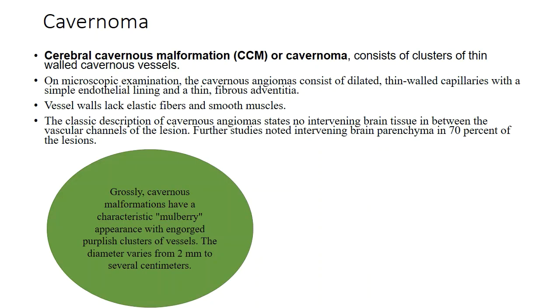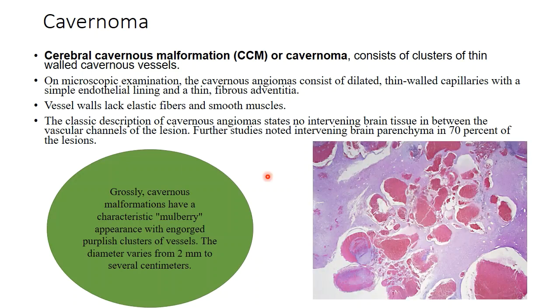Now coming to a cavernoma, or a cerebral cavernous malformation, it consists of a cluster of thin-walled cavernous vessels, right? So these are the large caverns that you can see. Dilated thin-walled capillaries, lined by a simple endothelium, and there is a very thin adventitia. They characteristically lack the elastic fibers and the smooth muscles.